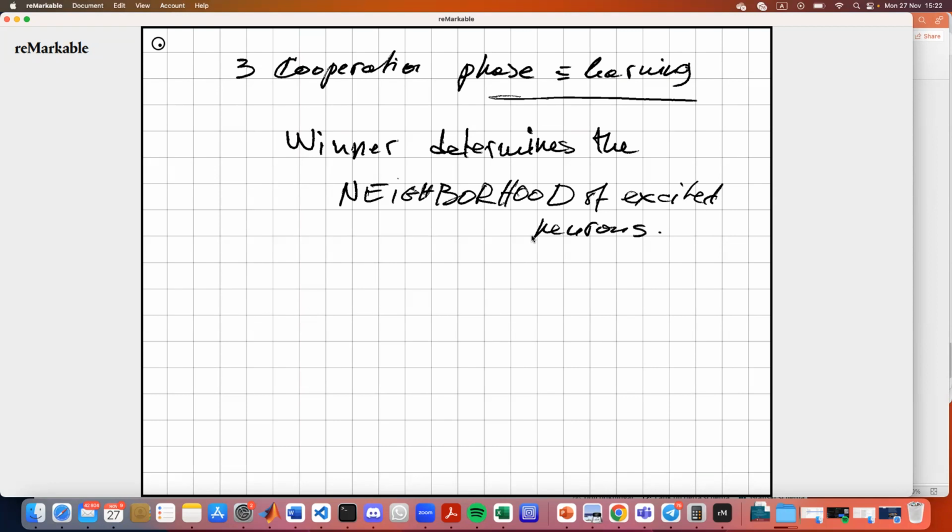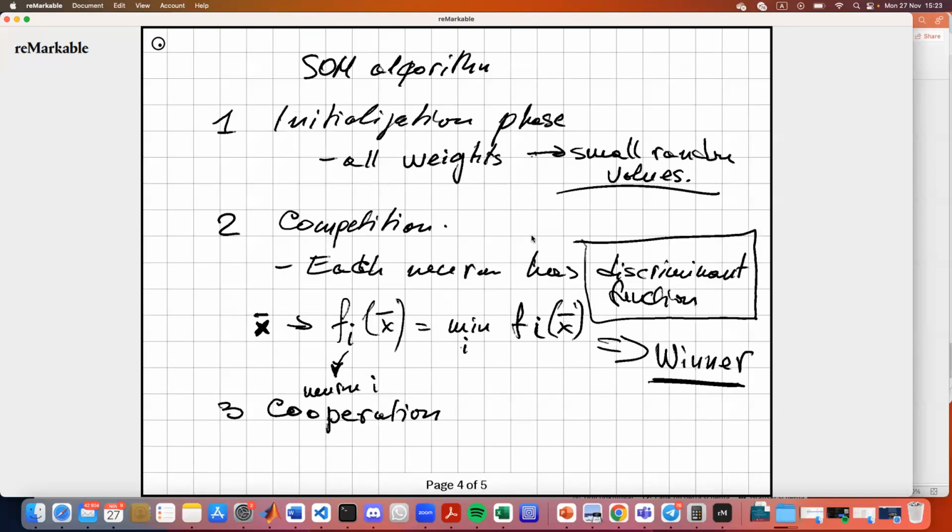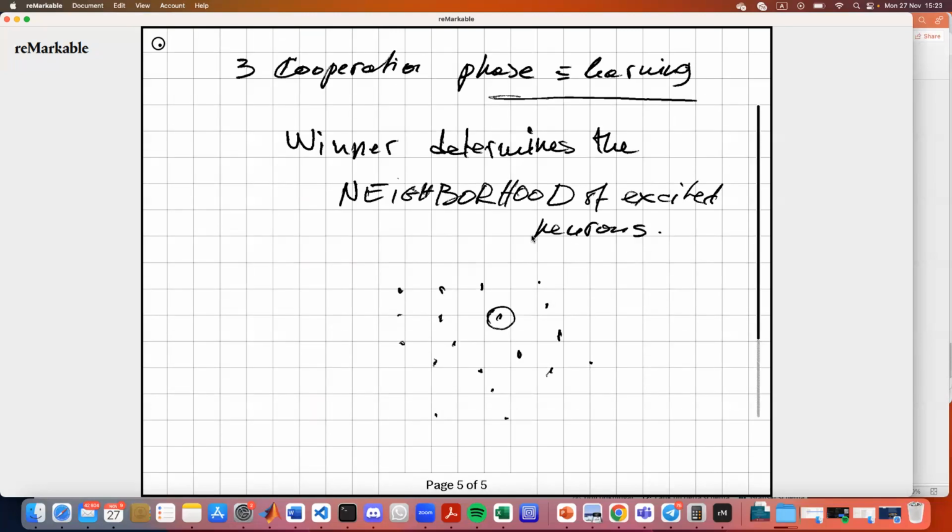The idea is like this. If we have these neurons, well, now I will put them in some unstructured manner, and for example this neuron is a winner, it will define a neighborhood within its proximity, where other neurons will be activated on this given pattern.